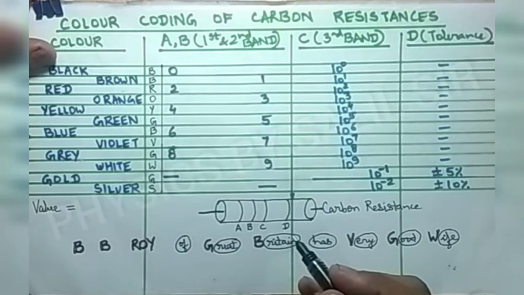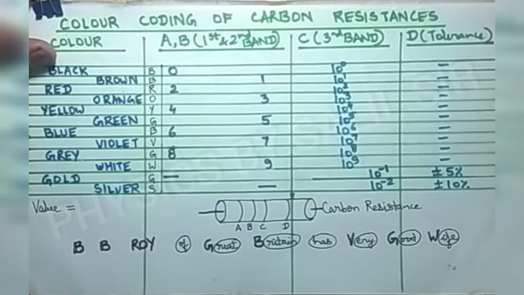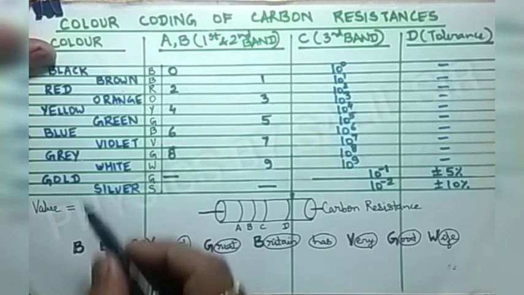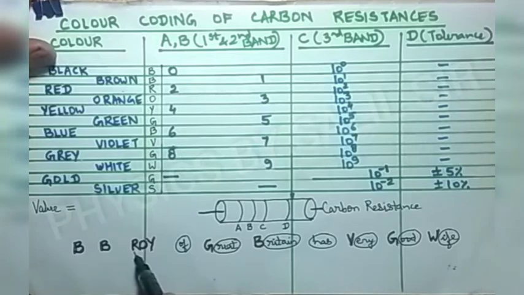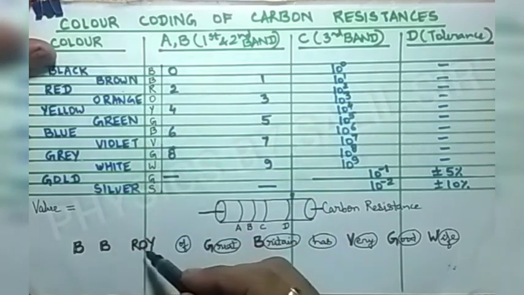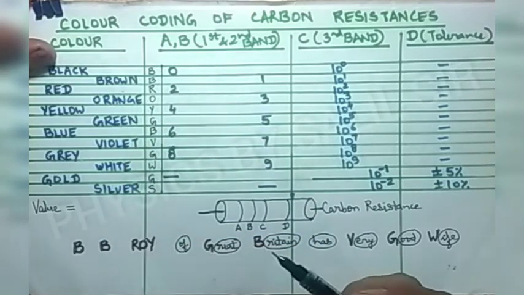To make you learn the colors and their values, there is a code which we will use. That code is: B B Roy of Great Britain has very good wife. B means black, another B means brown, ROY: R means red, O means orange, Y means yellow.